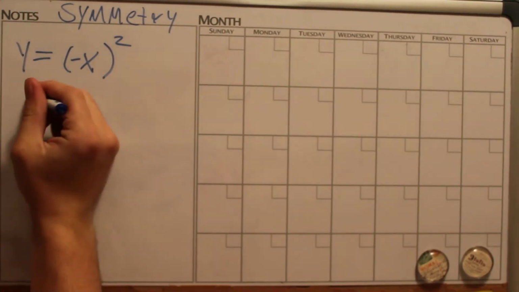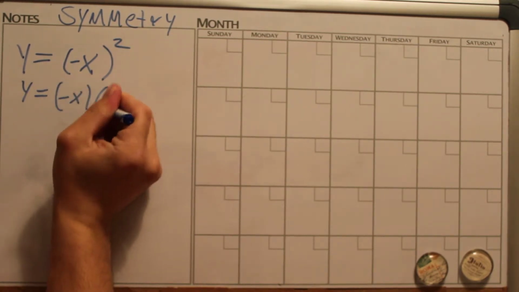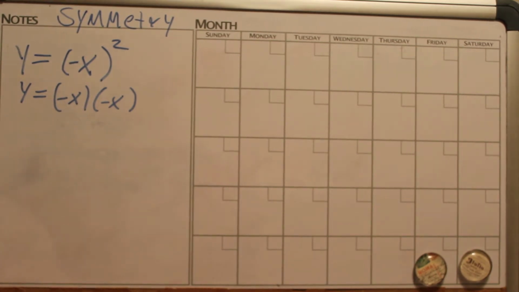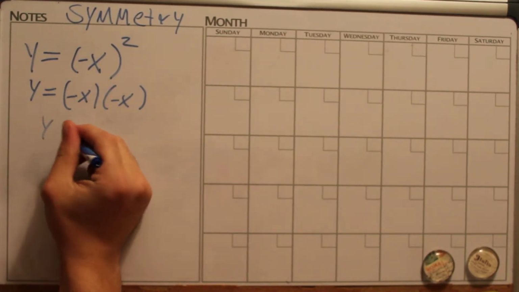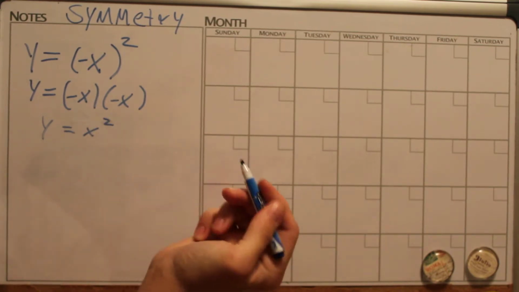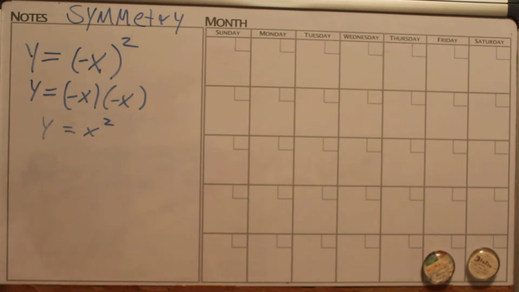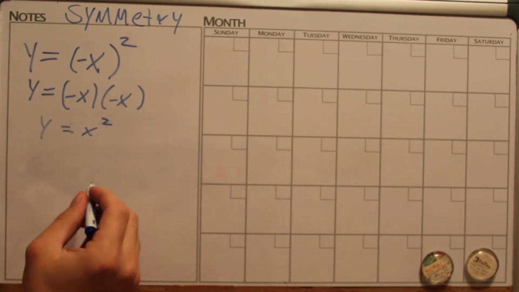Remember, what this is just y equals negative x times negative x. And of course, that'll just give you that. So off the bat, you know it's x-axis of symmetry because this equation equals this.